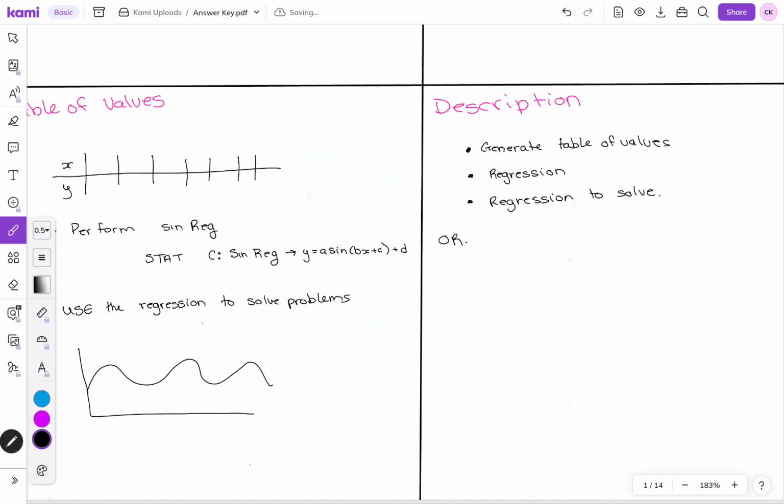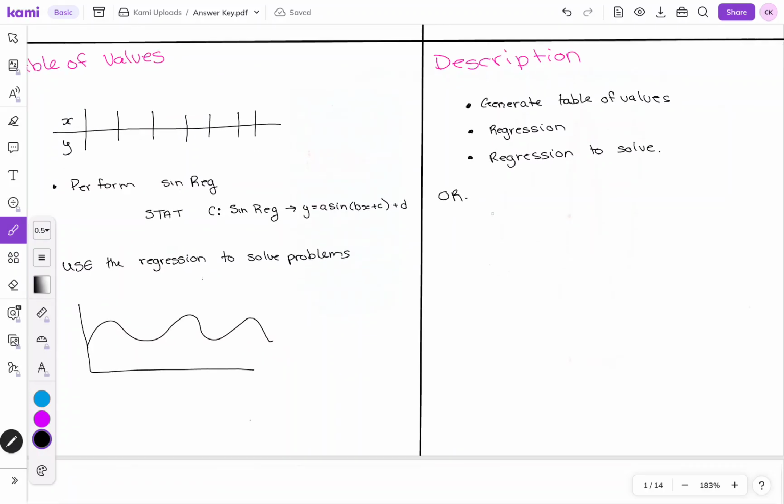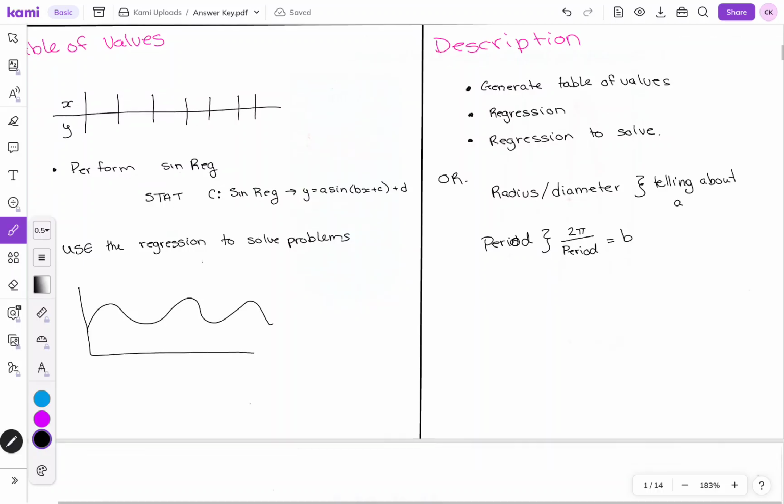Or you look for keywords. So again, the one on our quiz, if it talks about radius or diameter, it is telling you about A. If it's talking about the period, how long it takes to go around, what's one full revolution, one full cycle, it's telling you that you can find b. 2 pi divided by the period equals b.